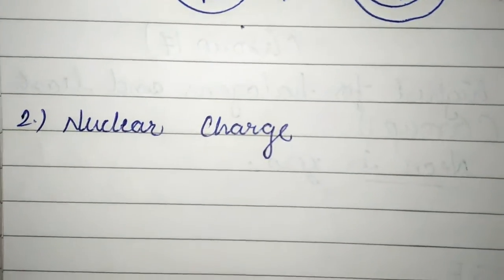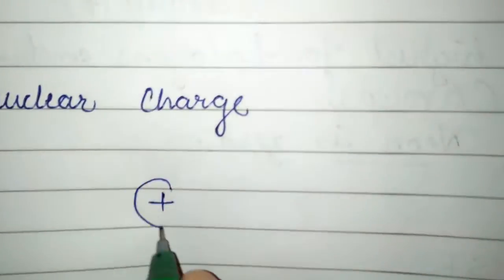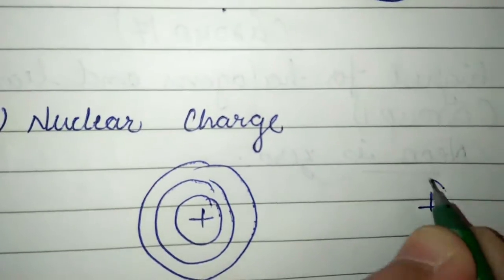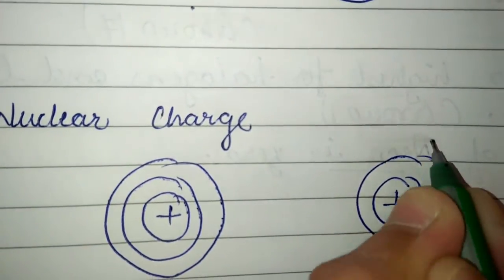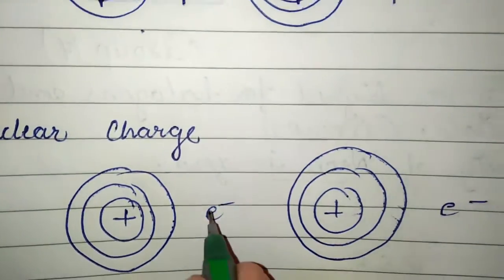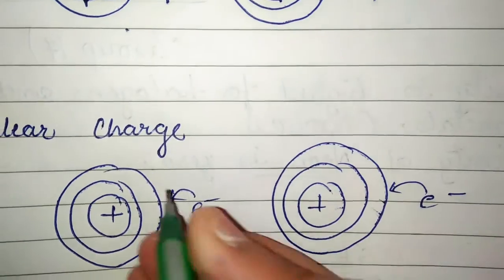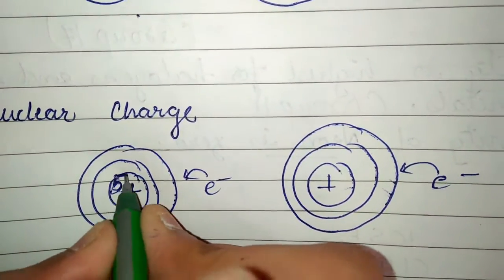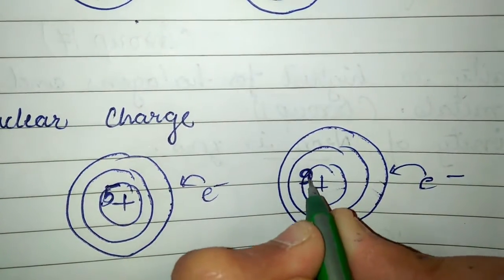Next factor is nuclear charge. We have 2 atoms, both containing 2 shells. This is the incoming electron. Suppose this one contains 5 as the nuclear charge and this one 9.